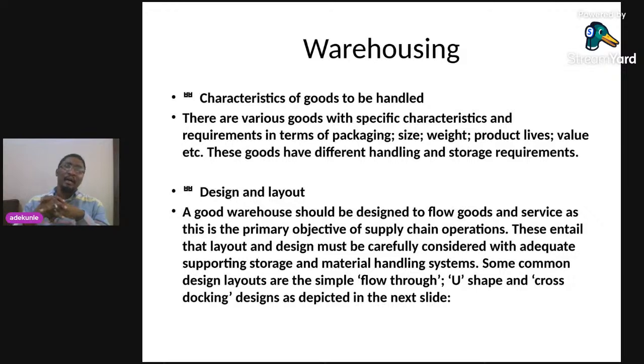One other factor you want to consider while making decisions within a warehouse is the design and layout of the warehouse, because a good warehouse should have a good design of the flow of goods and services.